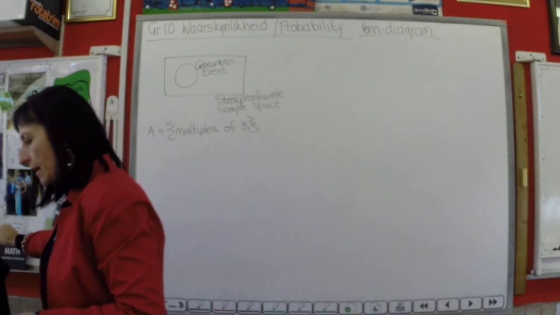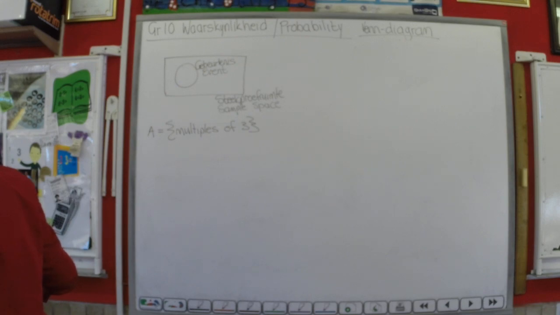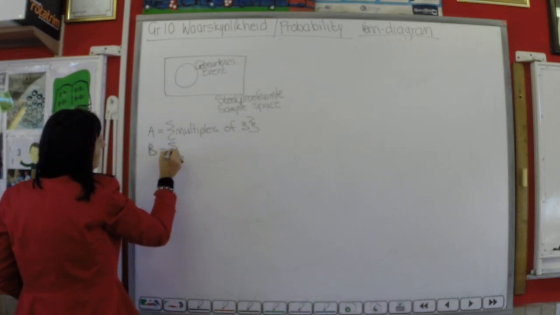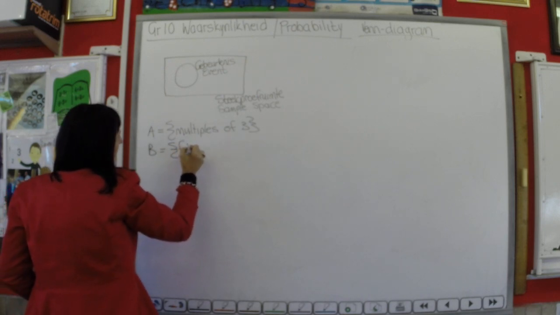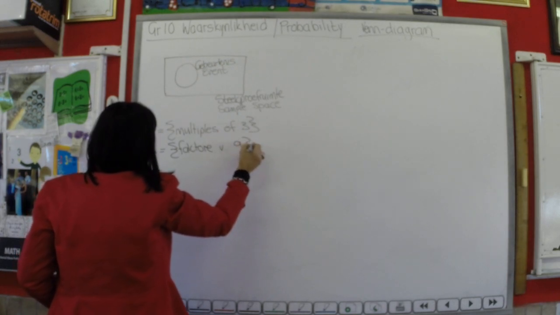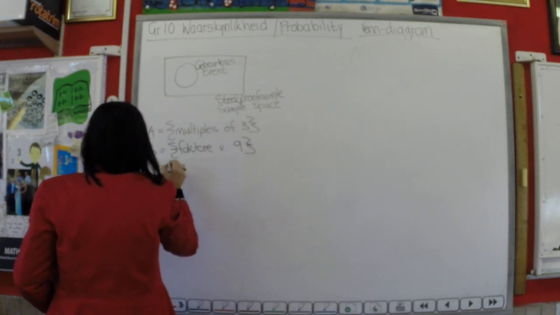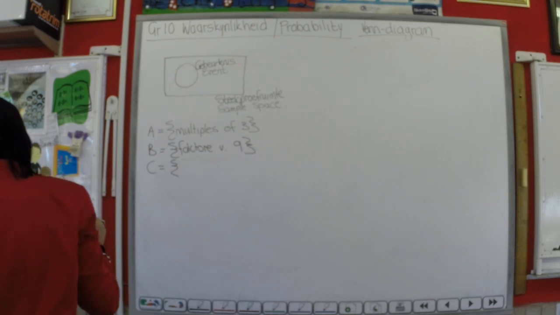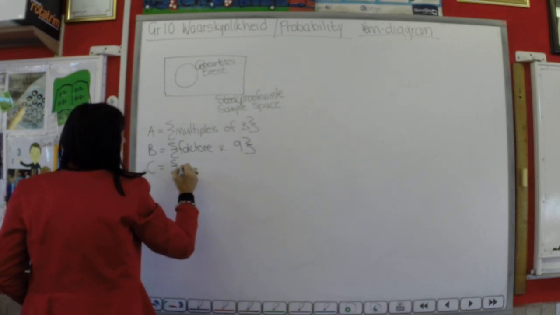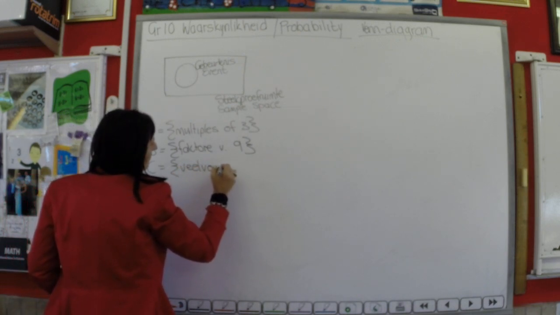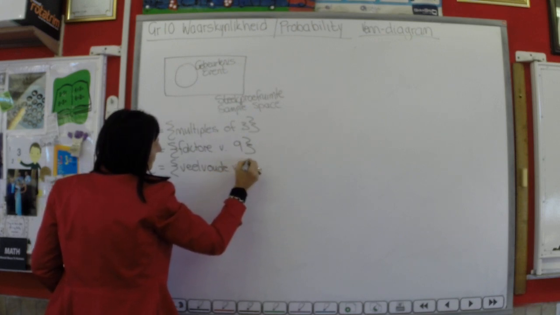B, another event, is going to be the factors of 9. Faktore van 9. En dan het ons volgende C-event, veelvoude van 5.